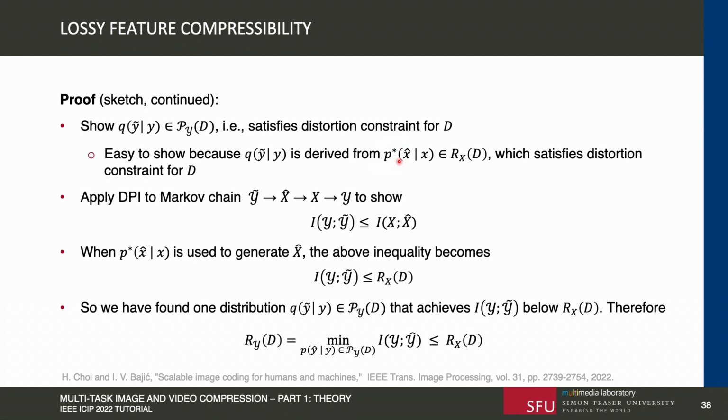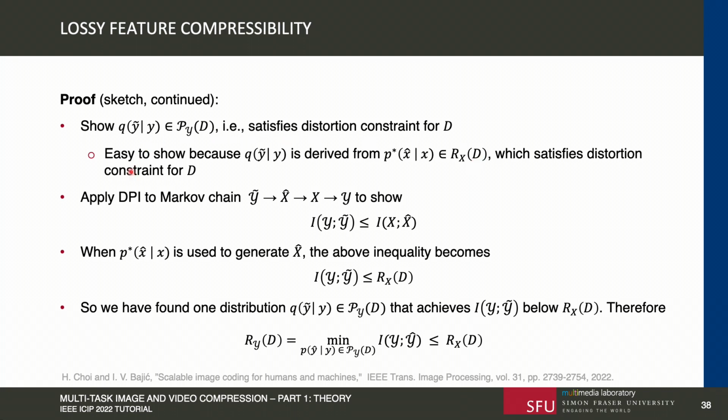So if P star has satisfied the distortion constraint, then this induced quantizer, just being an intermediate step in the network, surely satisfies the same distortion constraint. In fact, it achieves exactly the same distortion because it's just an intermediate processing step.